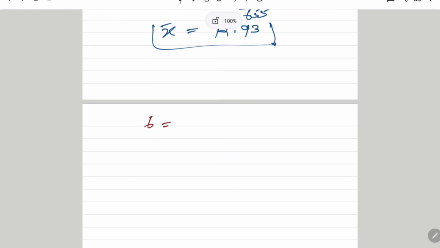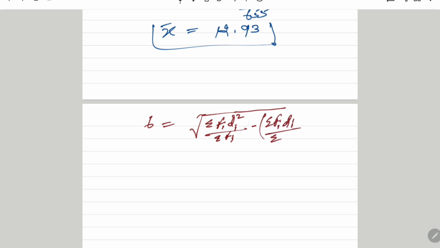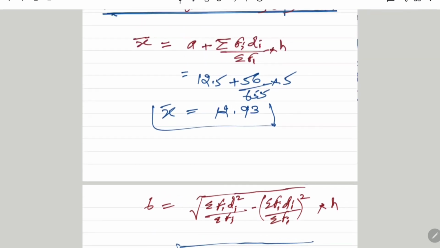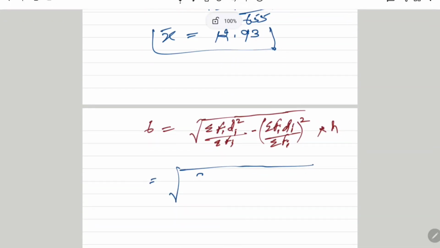Then we find out standard deviation as square root of summation of fi di square by summation of fi minus summation of fi di divided by summation of fi, bracket square, and multiplied by h. It is square root of the value of summation of fi di square, 980, divided by 655 sum of fi, minus summation of fi di, 56, divided by 655, and bracket square, and into h, is 5.